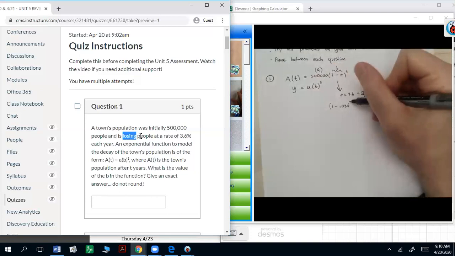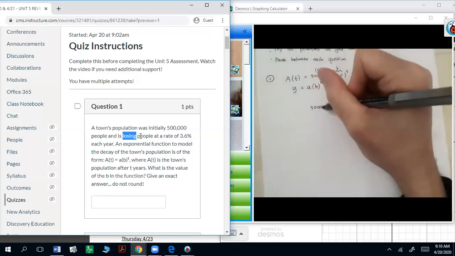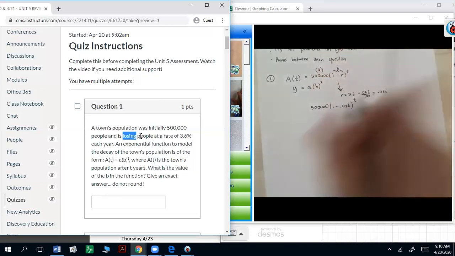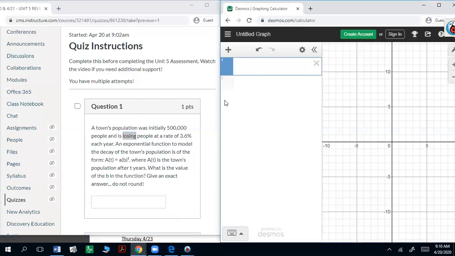And that's going to be your b value. So 1 minus 0.036. You can put that in your calculator. And that's 0.964.